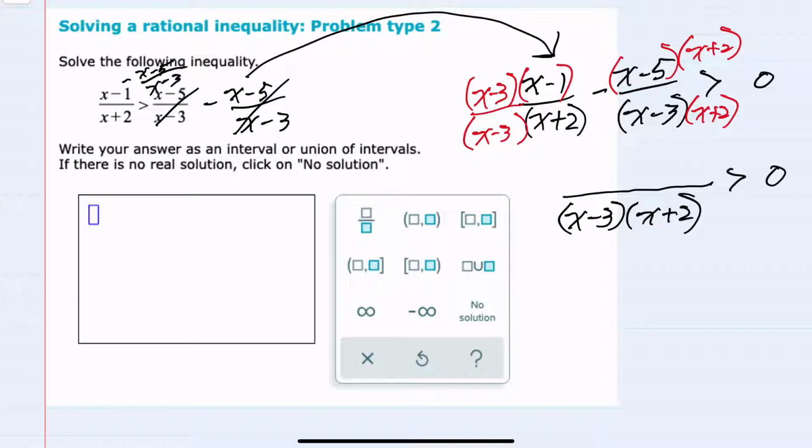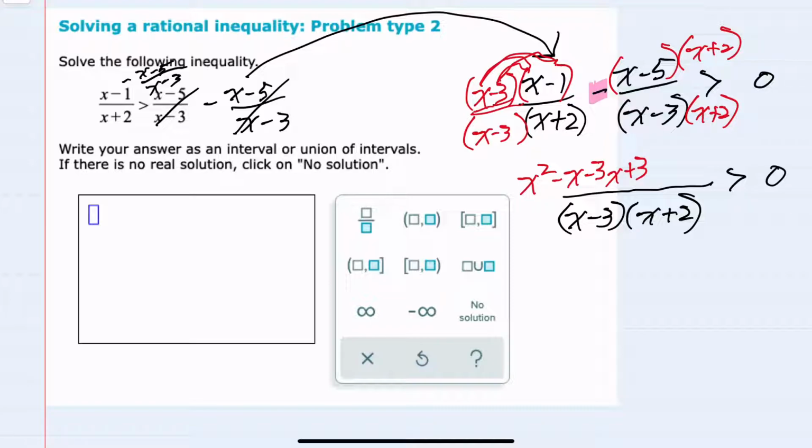In the numerator, I'm going to need to simplify as much as possible. So distributing that first (x minus 3), I would start distributing with the x. x times x is x squared, and then x times minus 1 is a minus x, followed by distributing the minus 3. Minus 3 times x is a minus 3x. And a minus 3 times minus 1 is a plus 3.